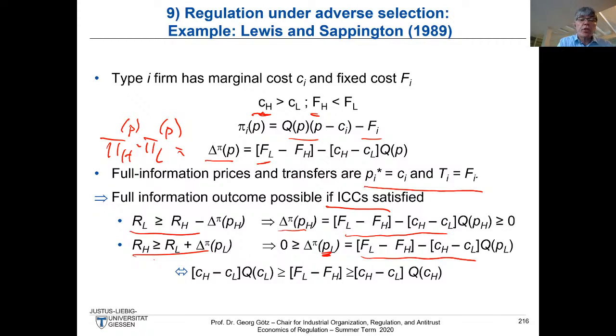So we could put the FL, FH here on both sides, but I just put FL minus FH here in the center, the minus CH minus CL on the other side here. That's what's written here, and here this CH minus CL of Q of PL. PL will of course be CL.